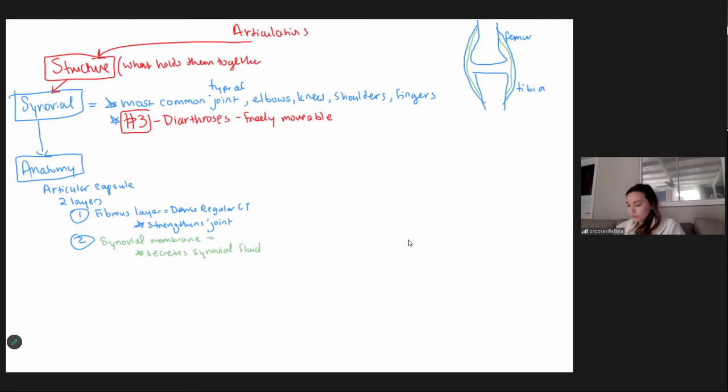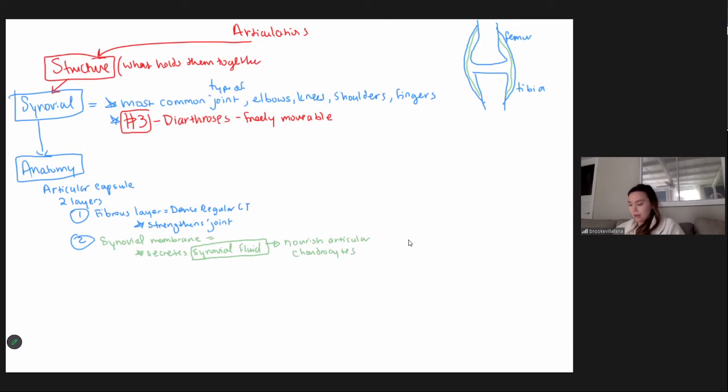Okay. Our function of our synovial fluid is to nourish the articular, oh, we probably can't read that. Let me rewrite it. Nourish articular chondrocytes, because there's those cells inside, right? Nourish articular chondrocytes.